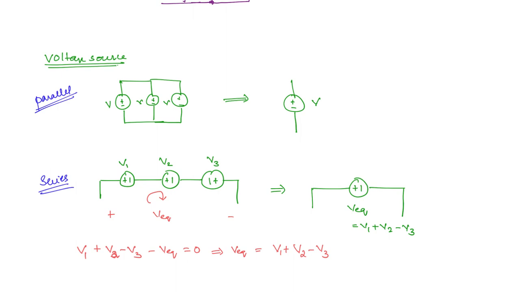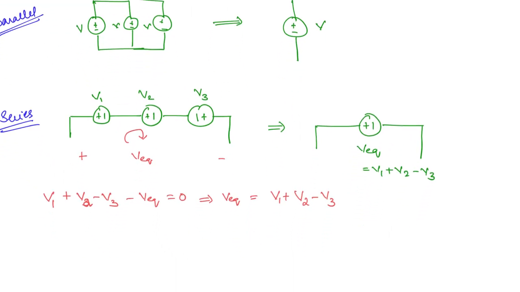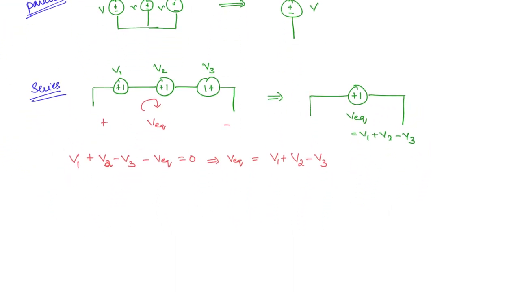What if we reverse the polarity? That means for the same connection, you want to replace it with an equivalent voltage source having negative polarity here and positive polarity here. Then the equivalent is just the minus of the previous one, because we are only interchanging the terminals. So this is going to be minus V1 minus V2 plus V3.